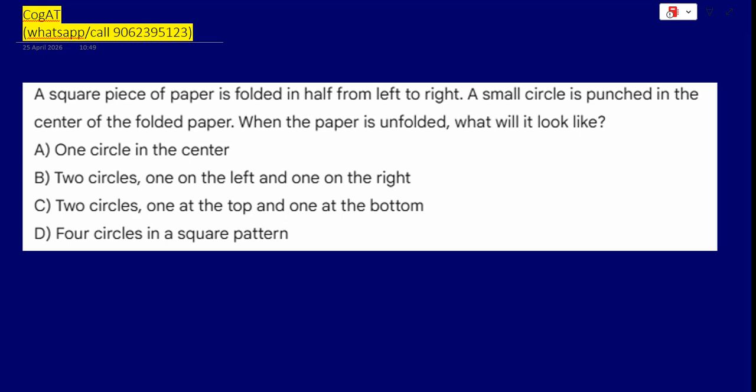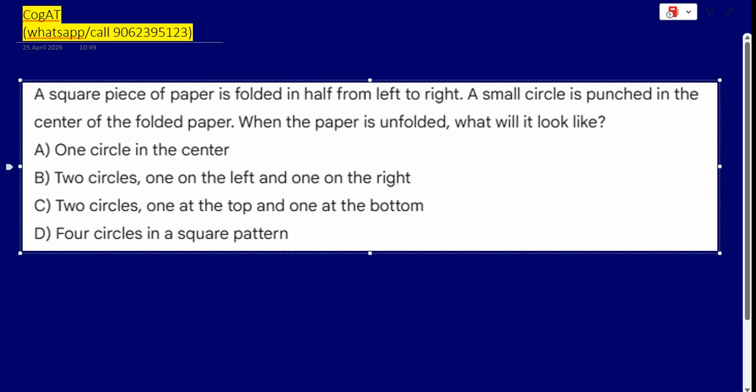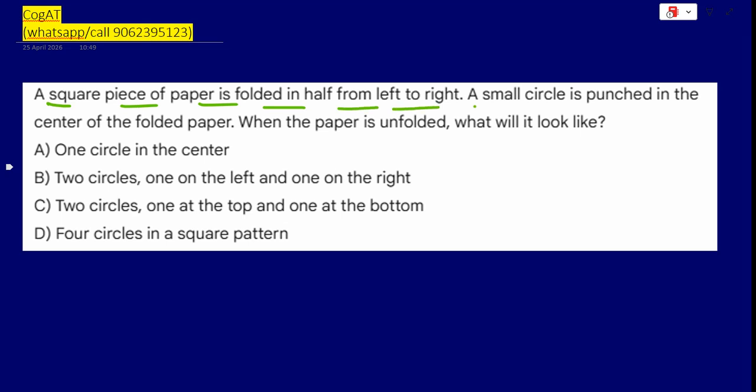Okay, so let's come to the question. The question says a square piece of paper is folded in half from left to right. A small circle is punched in the center of the folded paper. When the paper is unfolded, what will it look like? Option A says one circle in the center.